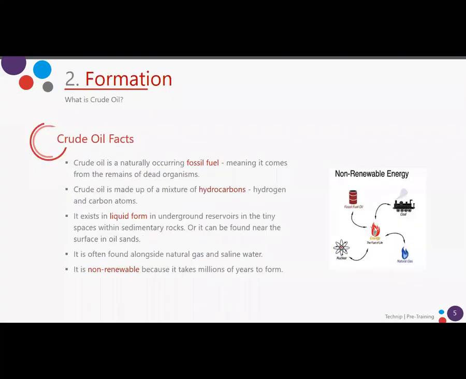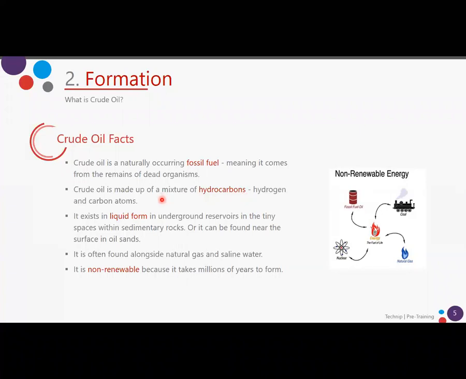Let's talk about some crude oil facts. Crude oil is a naturally occurring fossil fuel, meaning that it comes from the remains of dead organisms. As we talked before, crude oil is made up of a mixture of hydrocarbons, hydrogen and carbon atoms.